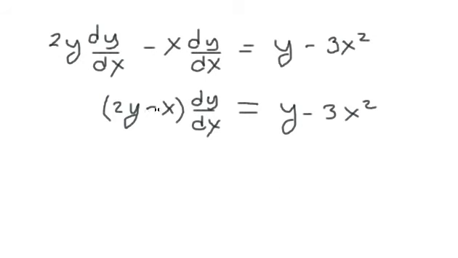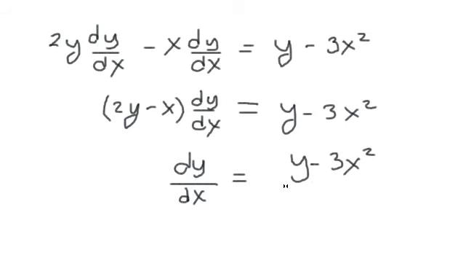Now, of course, this 2y minus x, I'm going to take that diagonally down, and so we have dy over dx is equal to y minus 3x squared over 2y minus x. And we are finally finished. So hopefully you're catching on to this stuff.